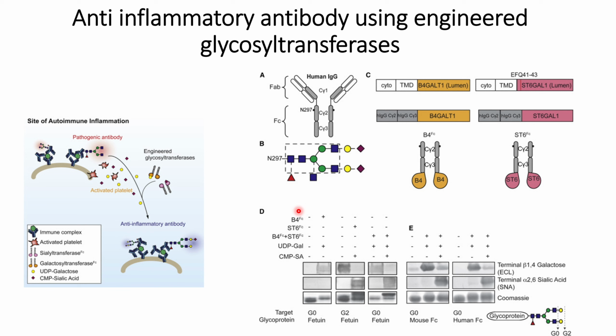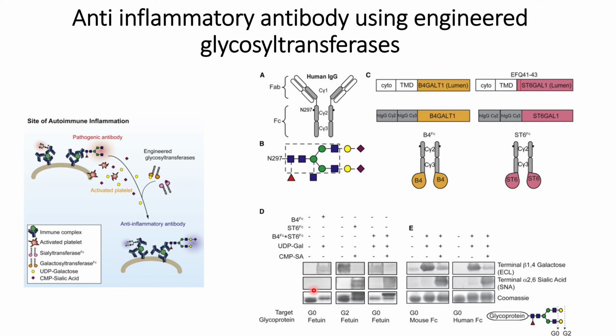First, in order to examine their engineered human IgGs, they did an in vitro experiment with fetuin. They treated the fetuin so that they would have glycosylated fetuin and also aglycosylated fetuin, and then used this aglycosylated fetuin with B4FC and the acceptor UDP-galactose, to see whether galactose is added to this G0 fetuin.